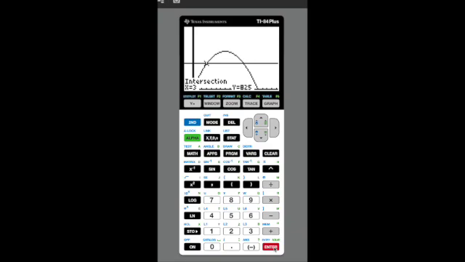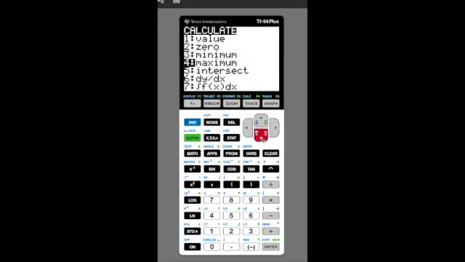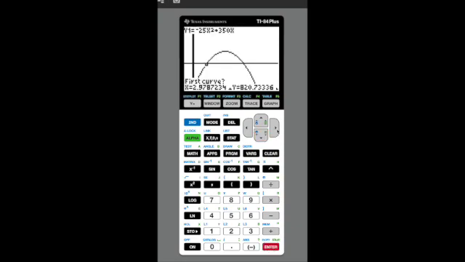I'm going to write that down on my paper. And then I'm going to find the other intersection by going second calc again, intersect, enter, and going over here on the right-hand side: first curve, second curve, guess, and then again the intersection, (11, 825).